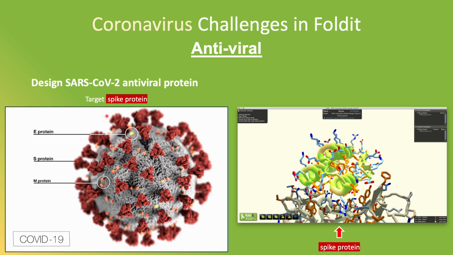So basically, we just chopped off the very tip of the spike protein and gave them this part, which you can see here. And that protein is fixed. That's why it's all grayed out. But the players here can add, remove, mutate, change their sequences and fold in any way they want, anything that'll bind to the spike protein in the best way.